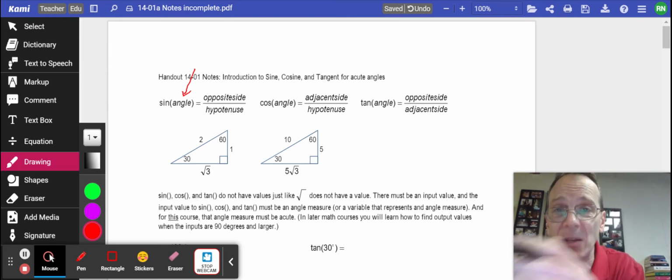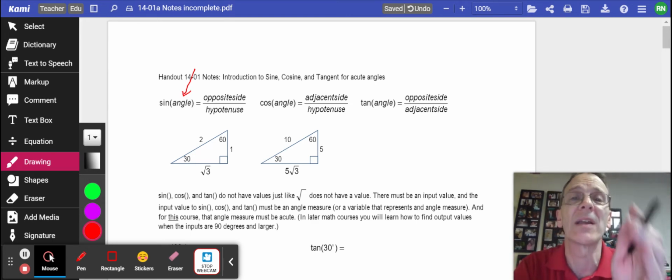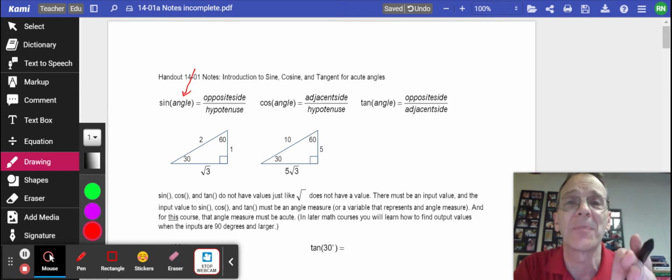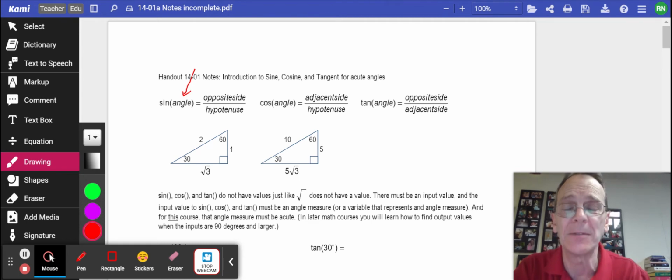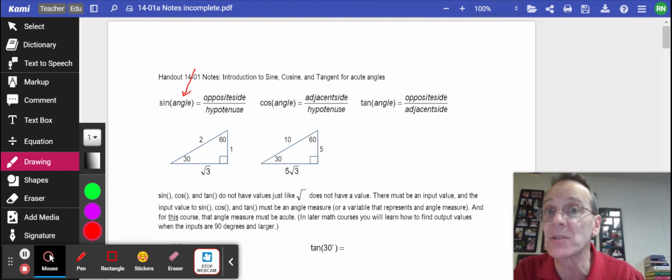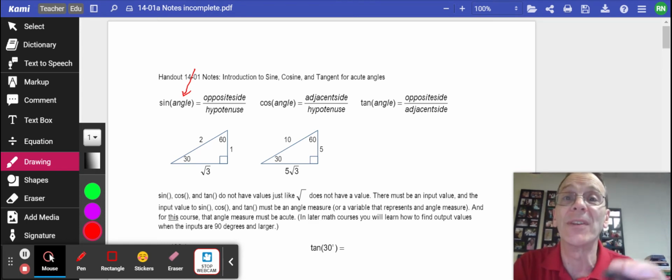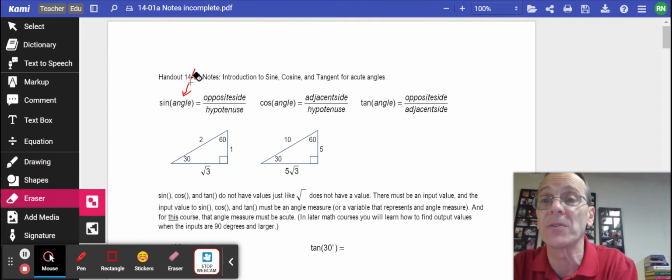You must have an input to these functions always, and the input always 100% of the time must represent an angle measure. Okay? So now let's move on to what the definitions of these three functions are.